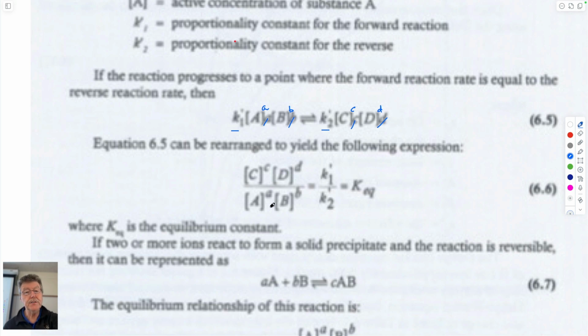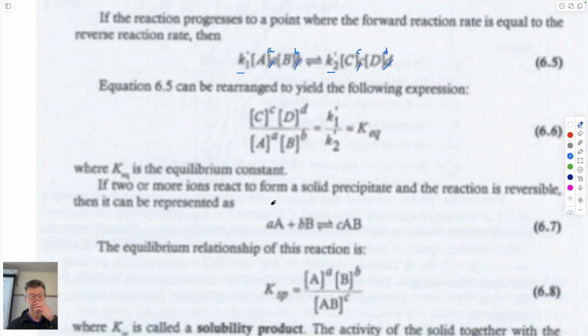If we divide them by each other, where the rates of production on both sides of the reaction are the same, then this is equal to the dissolution rate, and it gives an equilibrium constant which we can define.